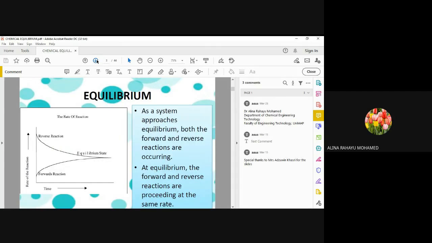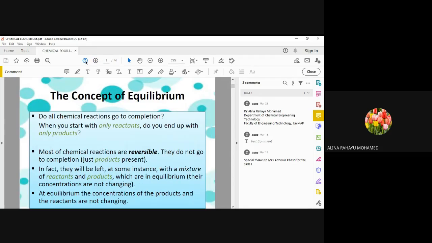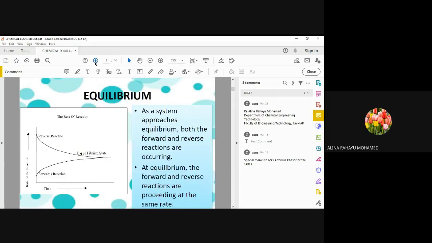So that's the concept of equilibrium. Basically we have a reversible reaction, and at any point of the reaction, we could have both the reactants and the products.